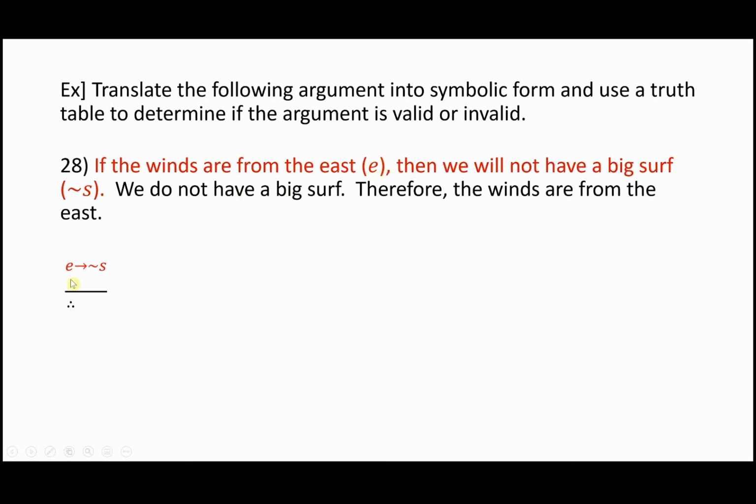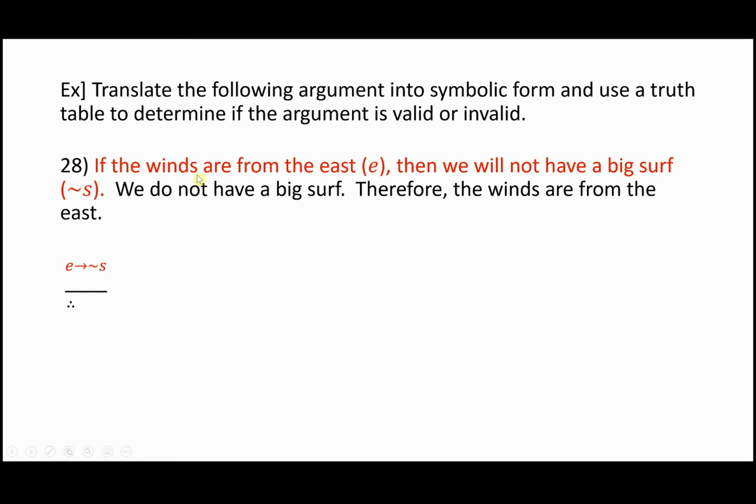E was established as the letter associated with the antecedent. And the consequent was also represented by tilde S, incorporating this not usage, the negation connective. Okay? So hopefully this translation of the first sentence and this representation here is terribly straightforward.